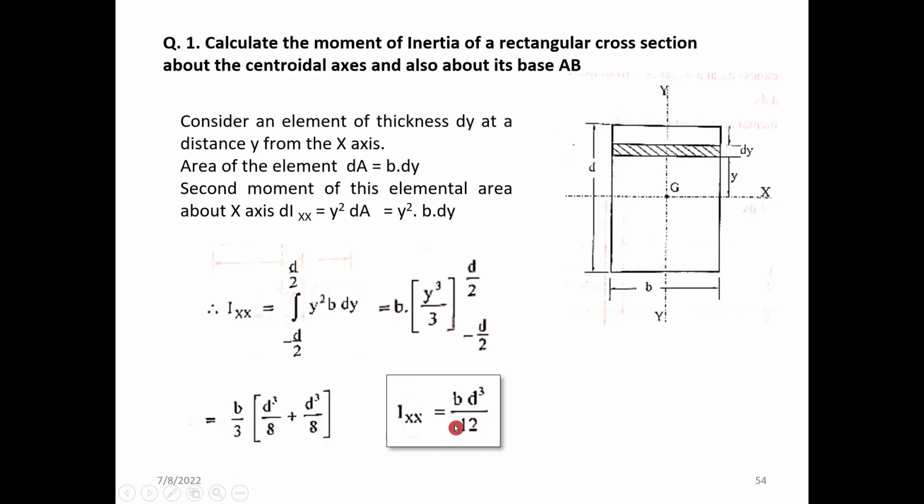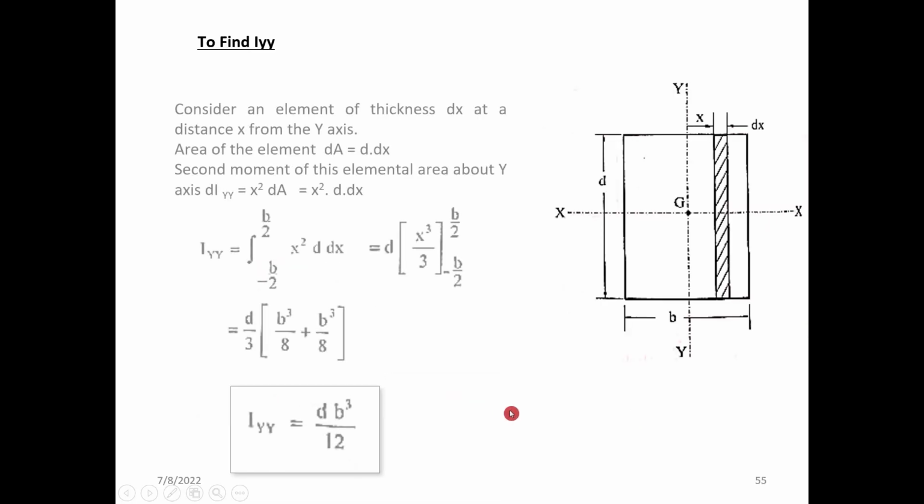So please note the similarity: for Ixx about this horizontal axis, the moment of inertia is base into depth cube by 12, and for the y-axis the base will change to the height in the next axis. So for Iyy this will change to d into b cube by 12. Hope you notice the similarity.